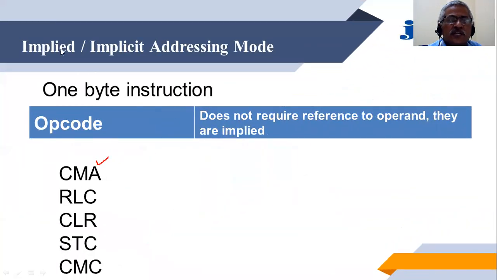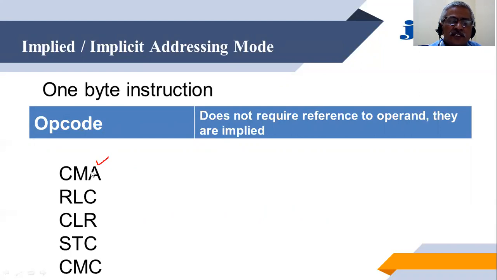The next is the implied or the implicit addressing mode. In this instruction, the operand is part of the operation code. No separate reference to the operands is required. So when you refer to instructions like CMA, complement accumulator, the accumulator is part of the operation code.